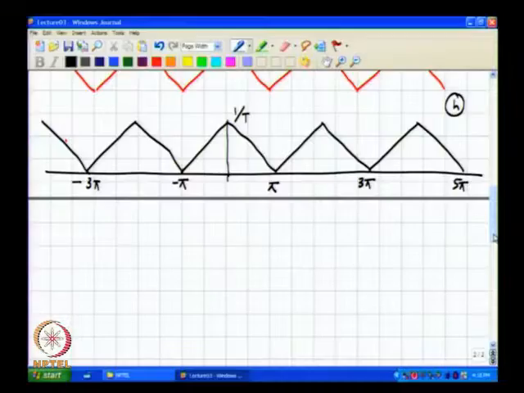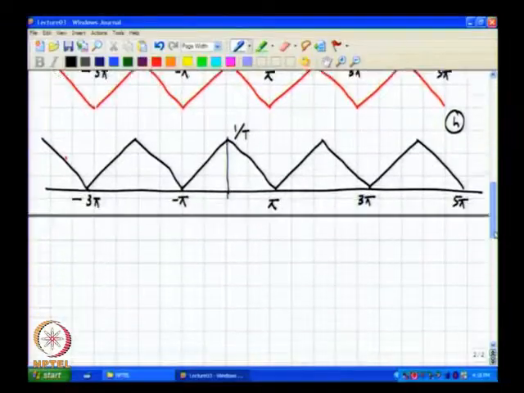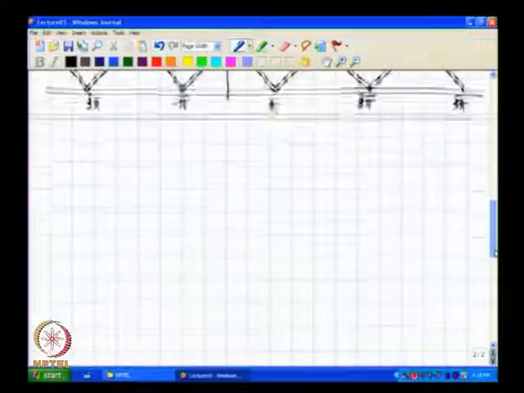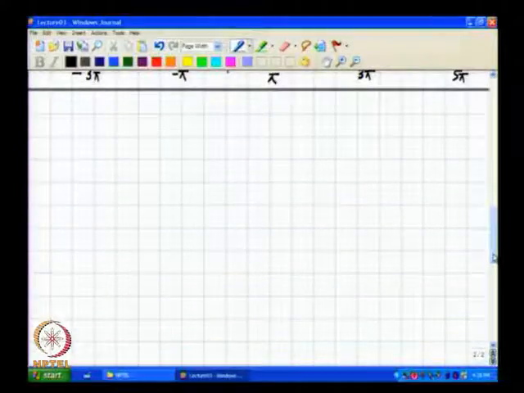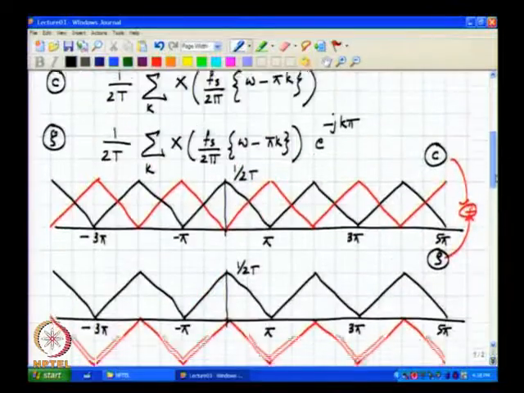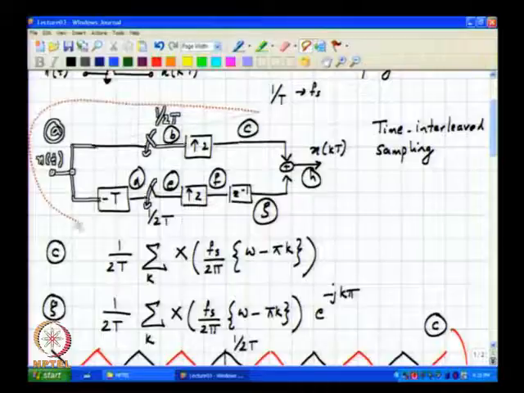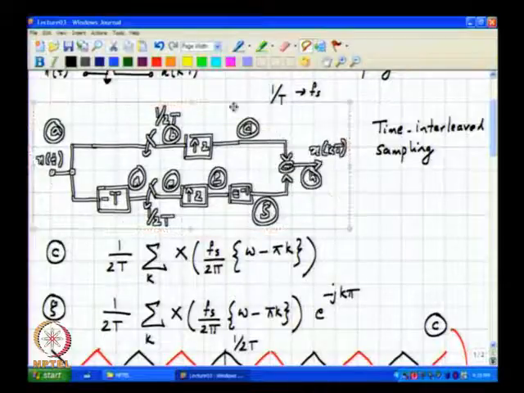Now, the next thing is to figure out what happens when there are non-idealities here.